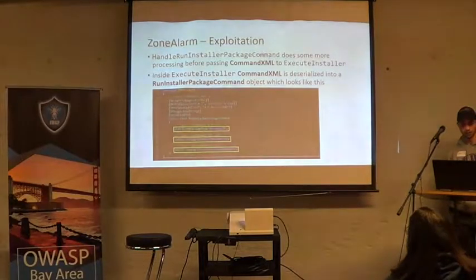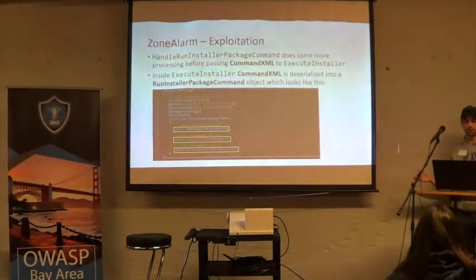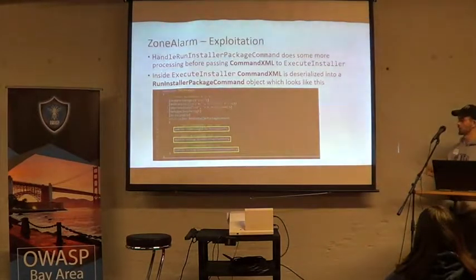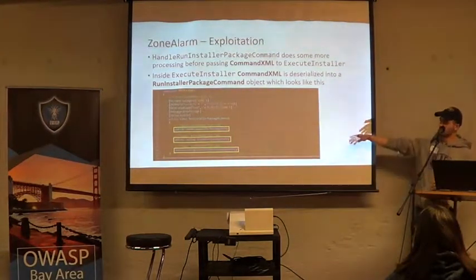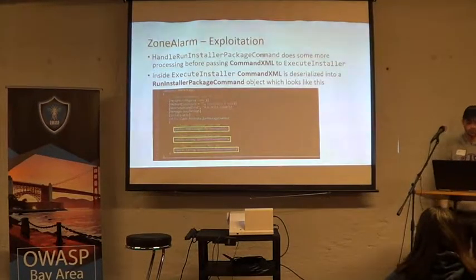Handle run installer package command also does some very minimal error checking and then passes it on again to a function called execute installer. Finally, inside execute installer, command XML is deserialized into a run installer package command object, which I'm showing here. It's an object that consists of 2 strings and a custom object that we don't even have to actually deal with called SBA message info.